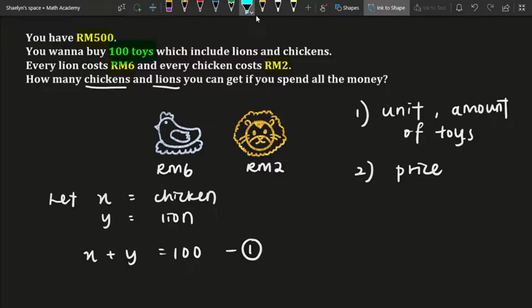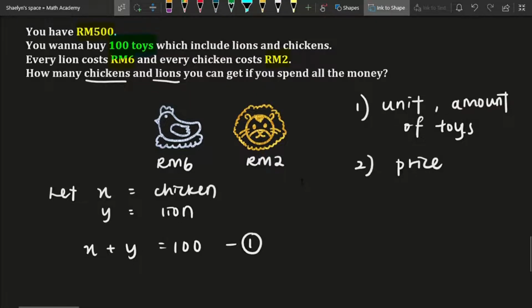So in the first equation, you can see that we never involve the price. So when forming the second equation, you know that we are left with price only. So how can we form an equation with price? So you know that 6 ringgit is for per chicken and 2 ringgit is for per lion. Oh, sorry, I wrote it in a wrong position.